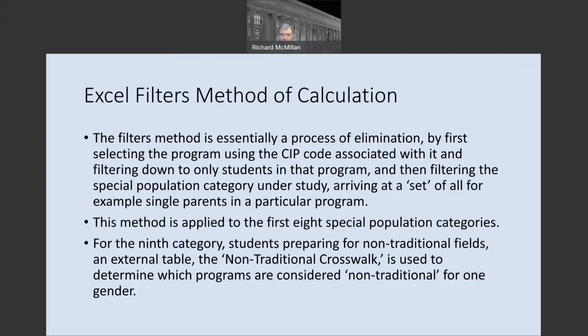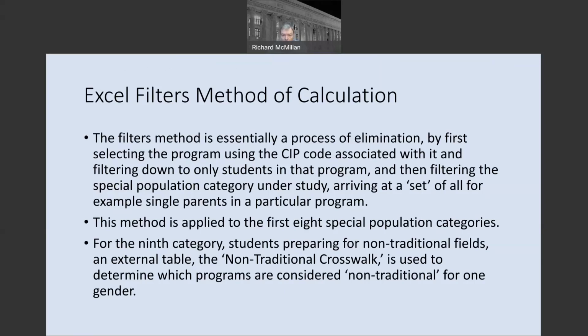Excel filters method of calculation. The filters method is essentially a process of elimination. By first selecting the program using the zip code associated with it and filtering down to only students in that program, and then filtering the special population category under study, arriving at a set of all, for example, single parents in a particular program.